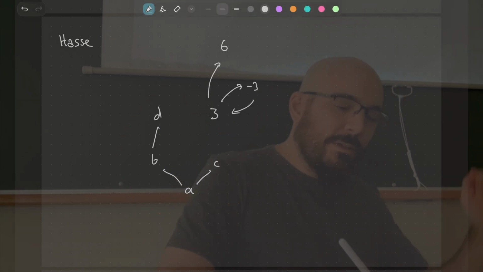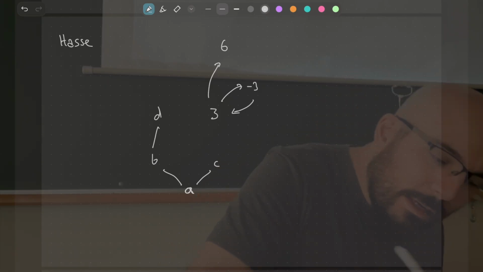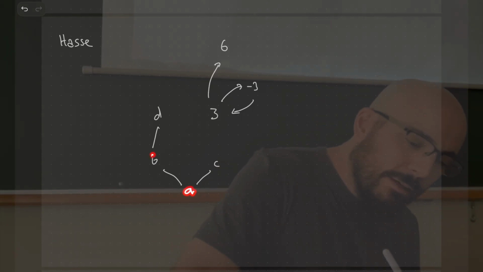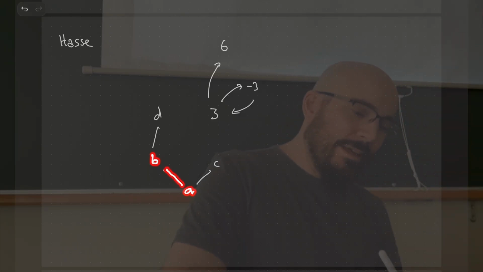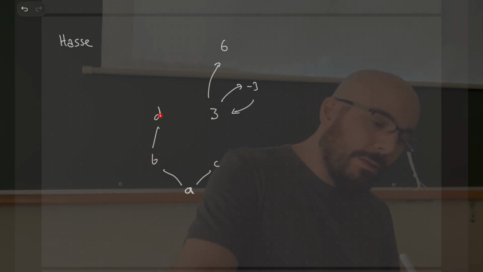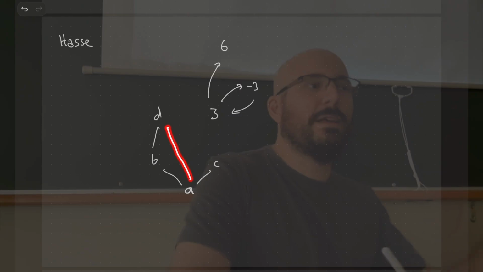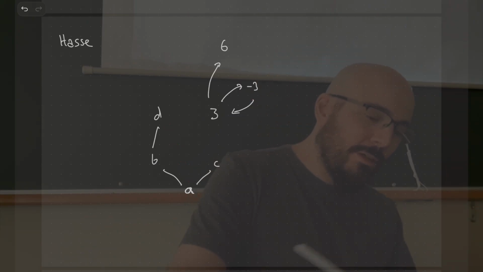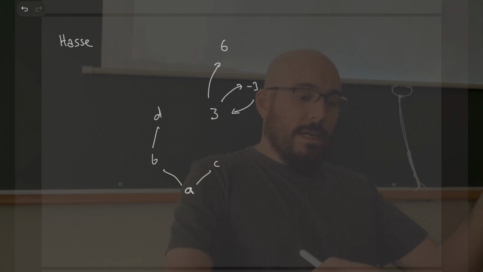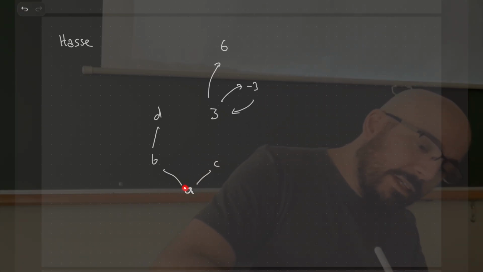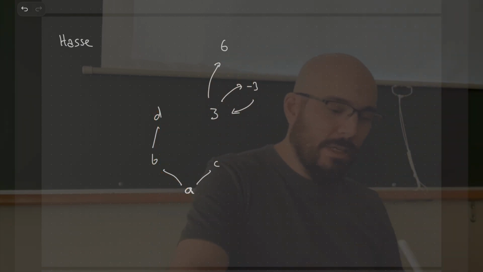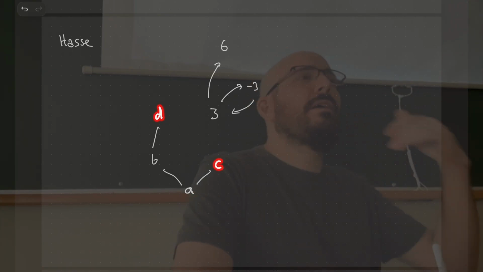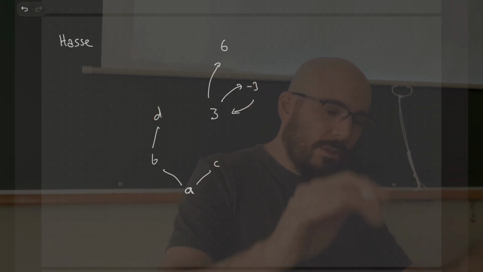I can conclude that A is less or equal to B because there is a line going upwards to B. But I can also conclude that A is less than or equal to D, even though I am not drawing this line, and I should not, because since it's an order, you know that it's transitive, so from the path going upwards from A to B, you know that A is less than or equal to D. And how about C and D? They are incomparable.